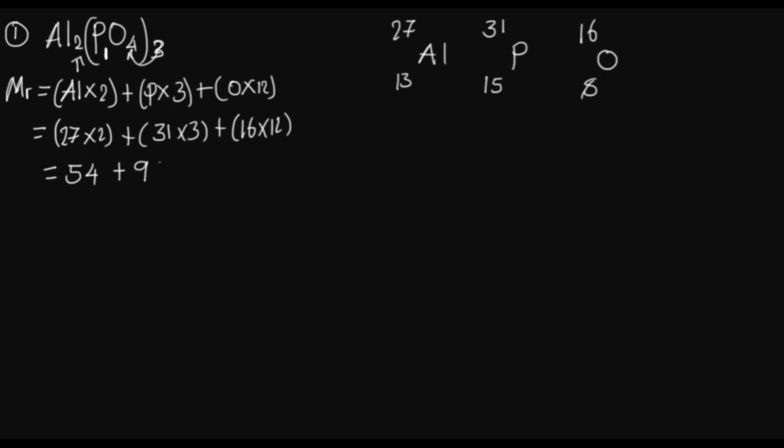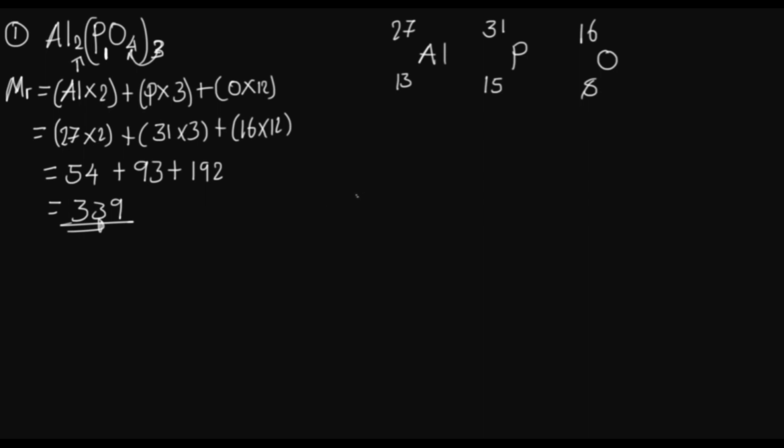So we get 93 plus 16 times 12, 192. Then we can add. So 192 plus 93 plus 54, we get 339. So this is our final answer for this problem.